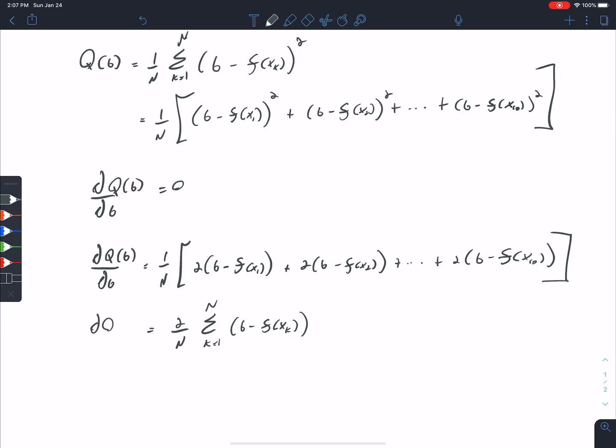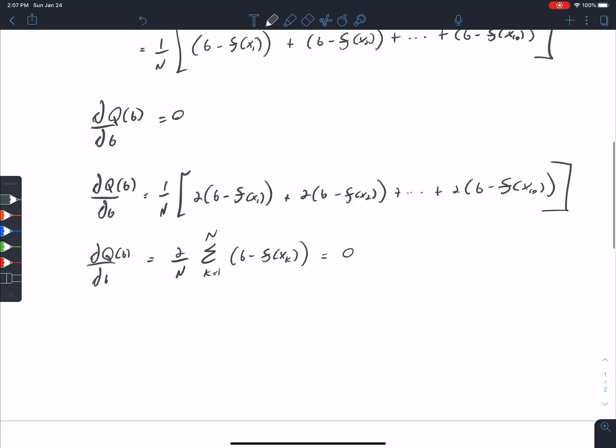This is our derivative of the function q with respect to b. And again, what calculus taught us is that if we would like to find the minimum of this function, one necessary condition for that minimum to occur is that this derivative has to be 0. So let's set this to 0. And we have to find the equation that solves this.